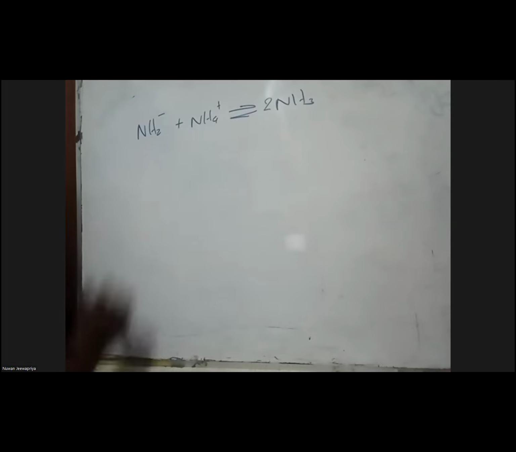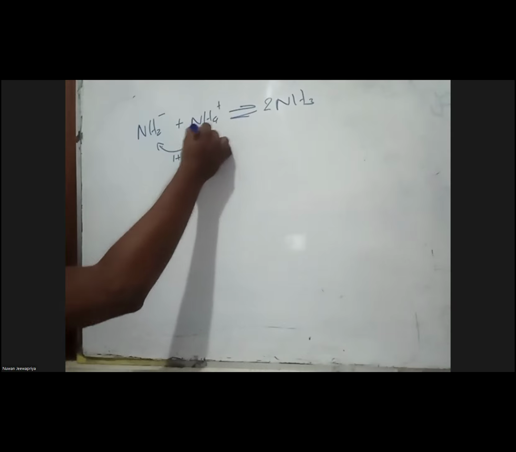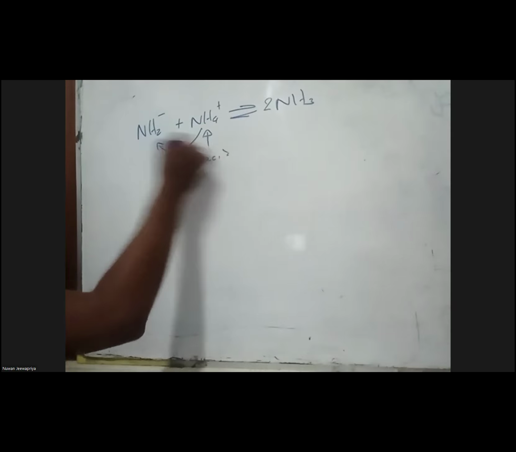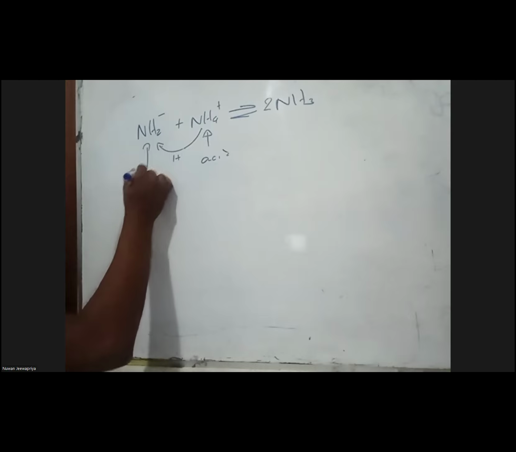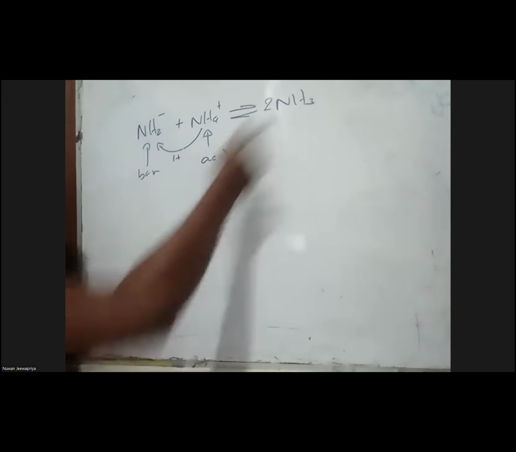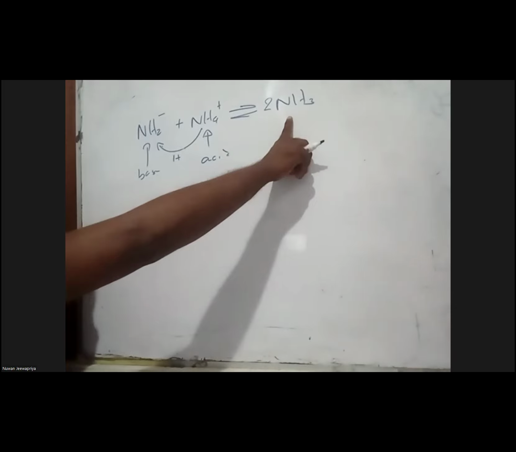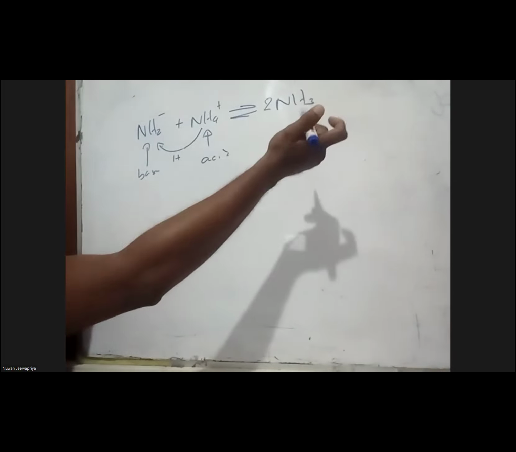Now we see that this one donates H plus to here. So this is acid and this is what? This is base, right? Then on this side, ammonia. There are two ammonia. One of that ammonia is an acid, the other ammonia is a base.